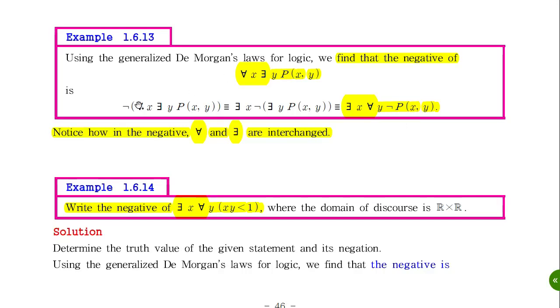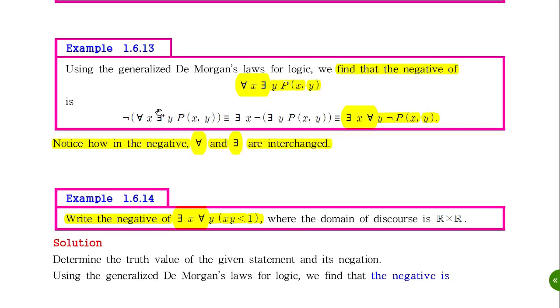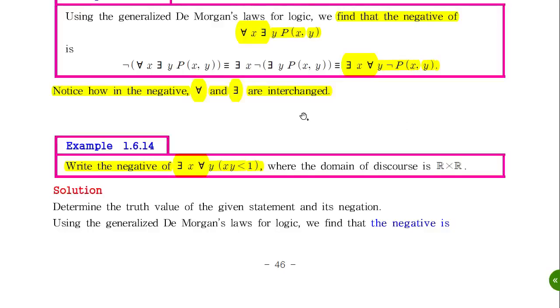The negation makes E go to A and A go to E, and negates the predicate. So all you have to do is negate and switch A and E, interchange them, and write the negative of this.